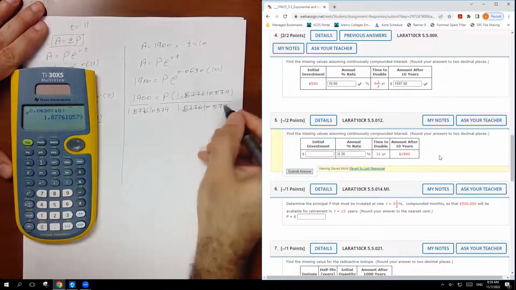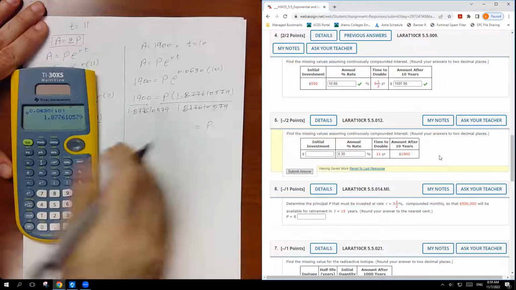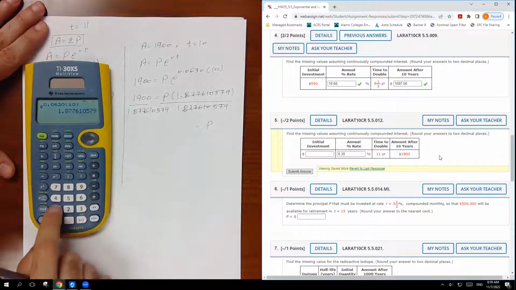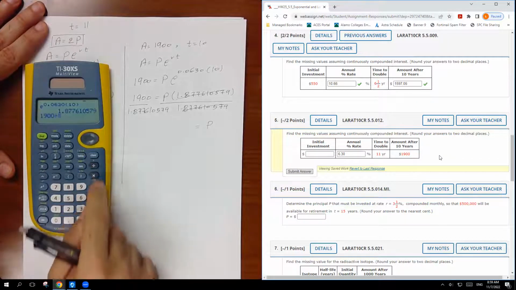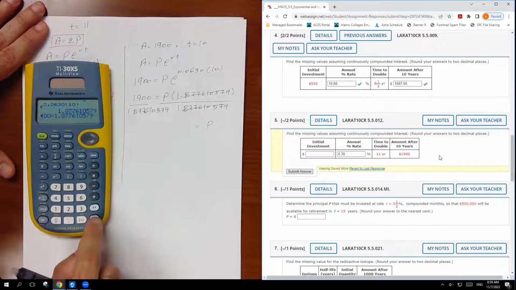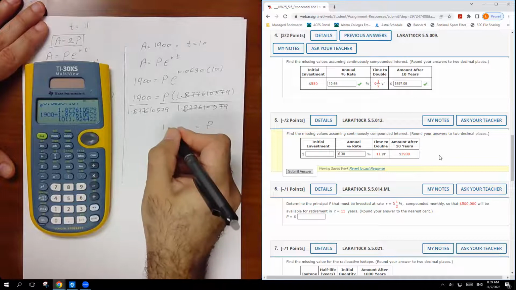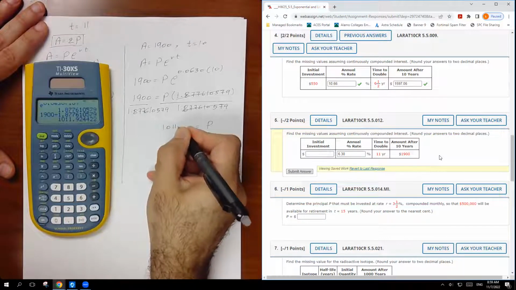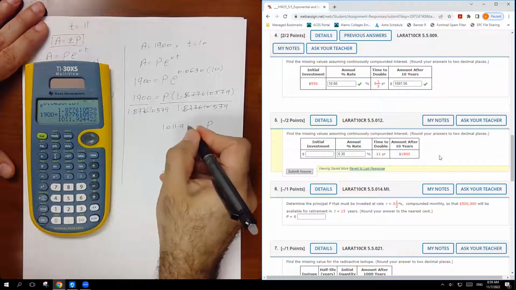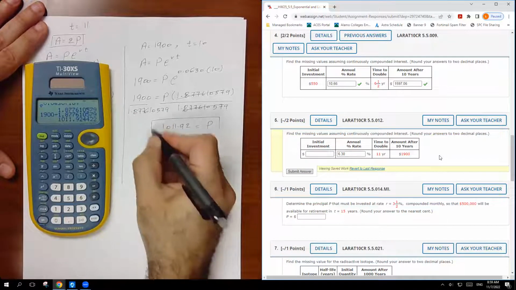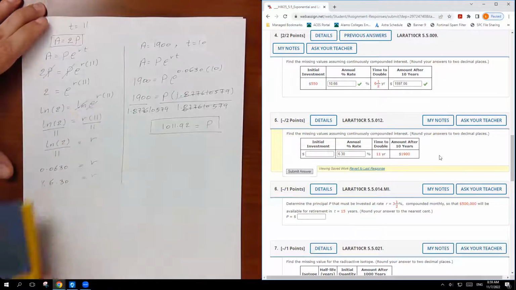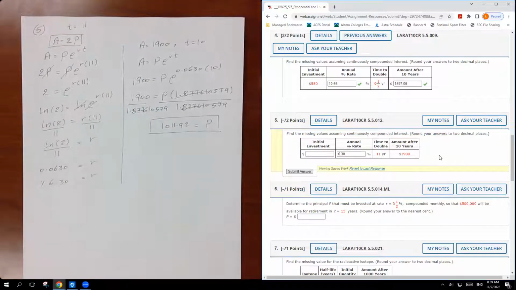Cancel here. That means P is going to be equal to 1900 divided by this number, and the initial is 1011.92 dollars. So this is our initial. So we're going to type here 1011.92.